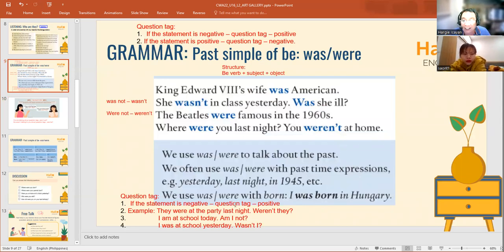I just injected this one because it's here. So, when asking a question, if the statement is positive, then the question tag would be negative. That would be the rule, just like the question tag.